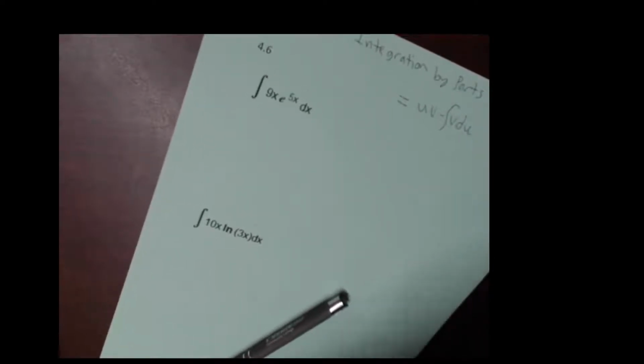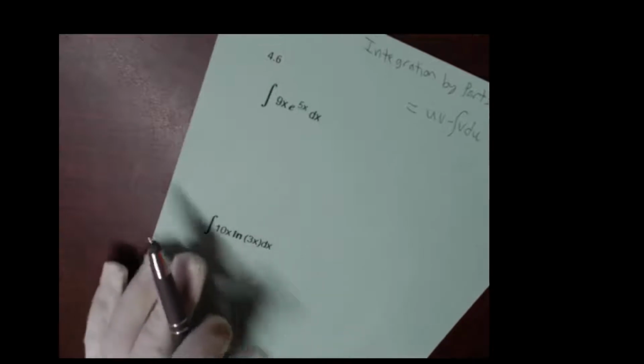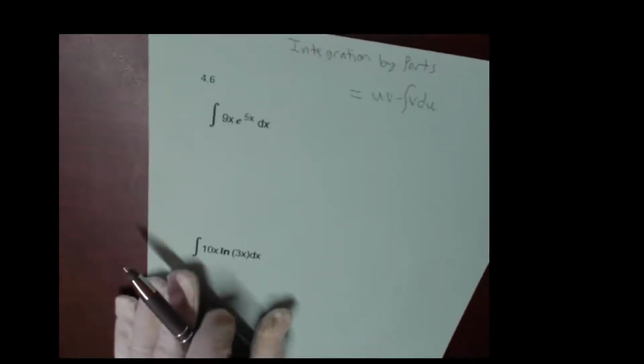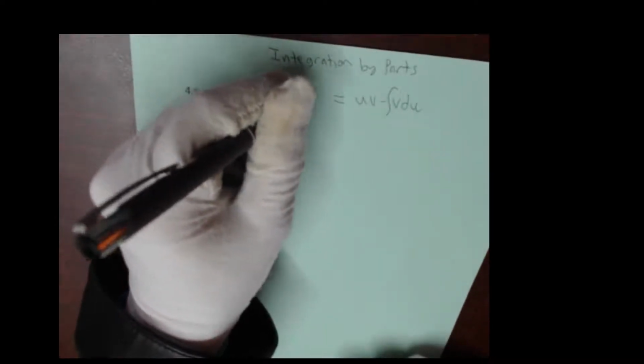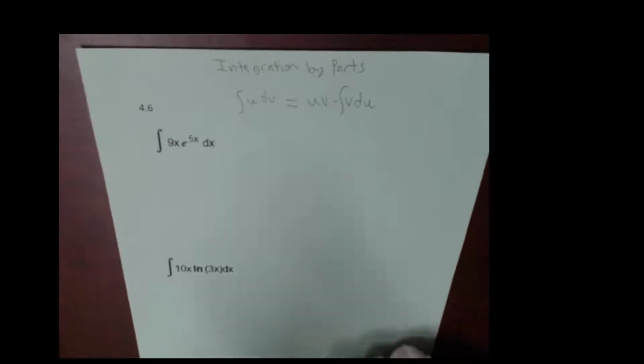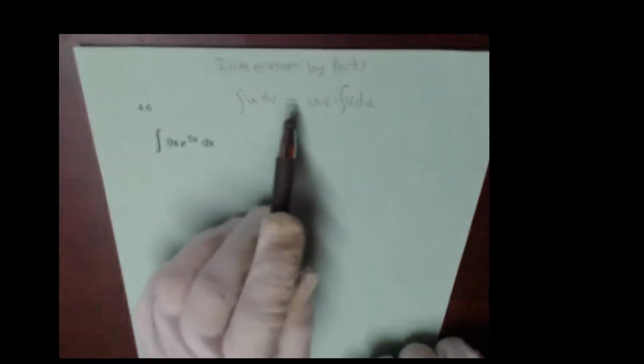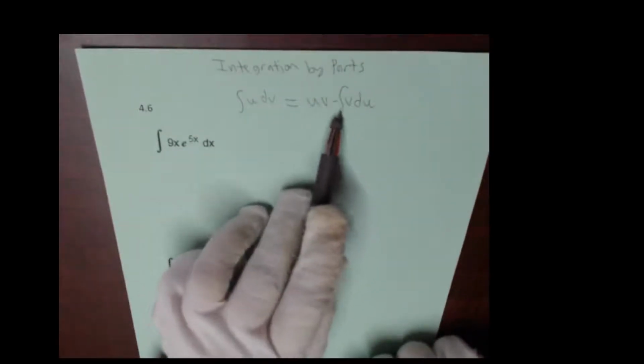In fact, let me give you the complete formula really quickly. And again, it's sort of kind of like a double U substitution. All right, so here's what it is. It's the integral of u dv equals uv minus the integral of v du.